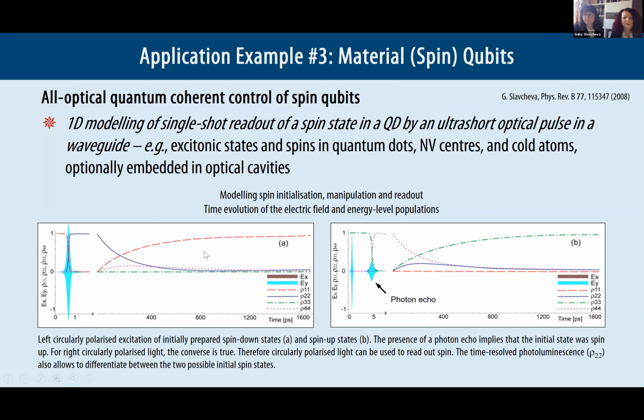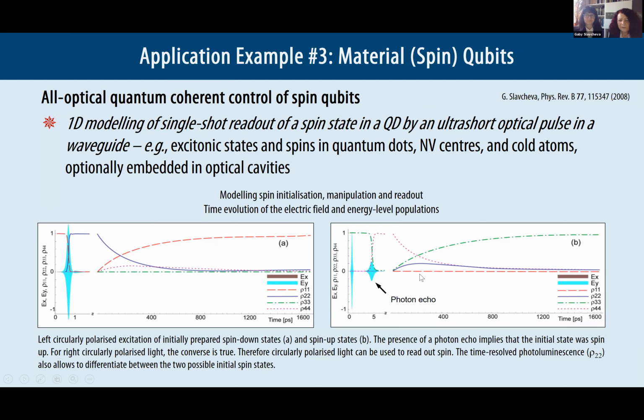We have shown for this example that we can model a single shot readout of a spin state. We can infer the spin state, whether it was spin down or spin up, by launching a pulse across the structure and sampling the time dynamics.